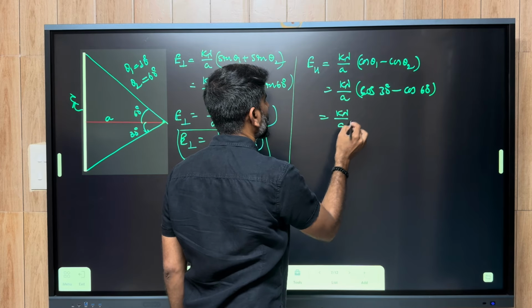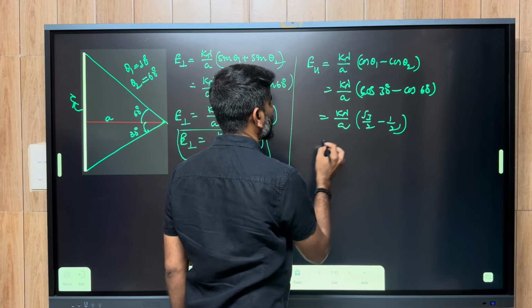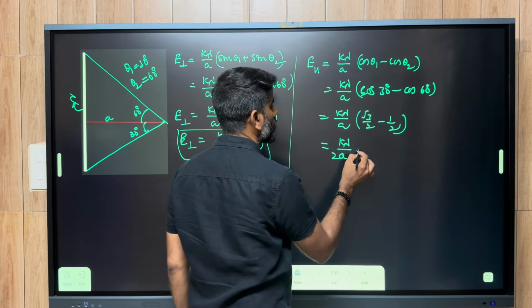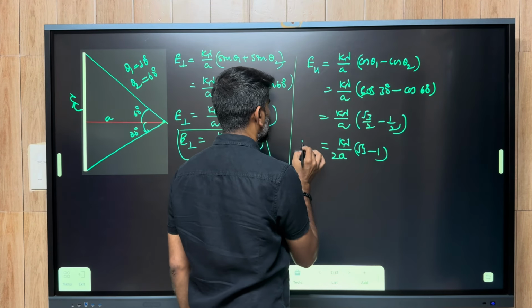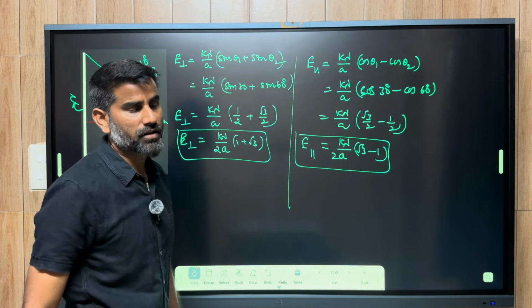Substituting, k lambda by A (cos 30 is root 3 by 2 minus 1 by 2). What am I getting? K lambda by 2A (root 3 minus 1) is E parallel.